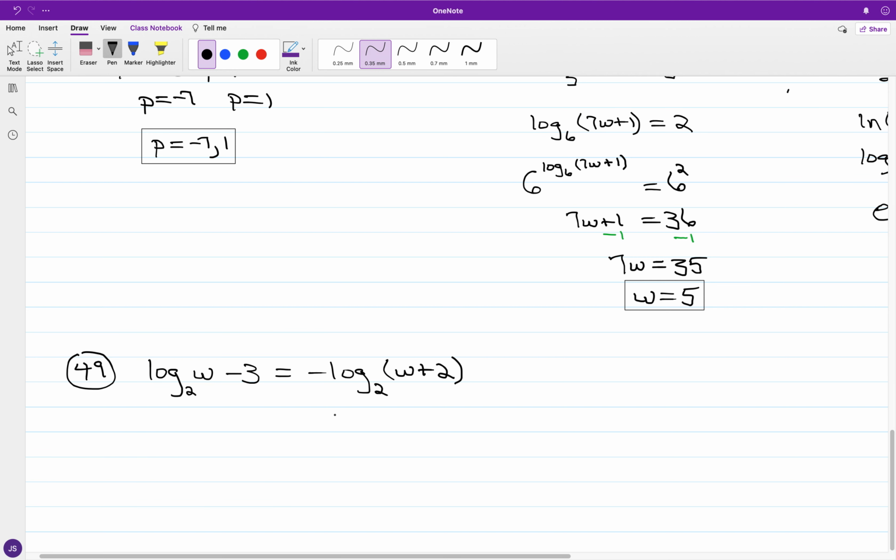And what I want to do is do some things simultaneously. I can combine the logarithmic terms. Again, this problem is a little bit of an outlier. So get the base 2 logarithm of w plus 2 out, and what I'll do here is move the 3 over by adding.